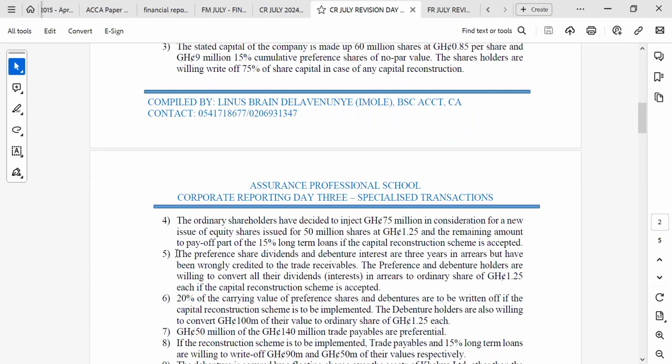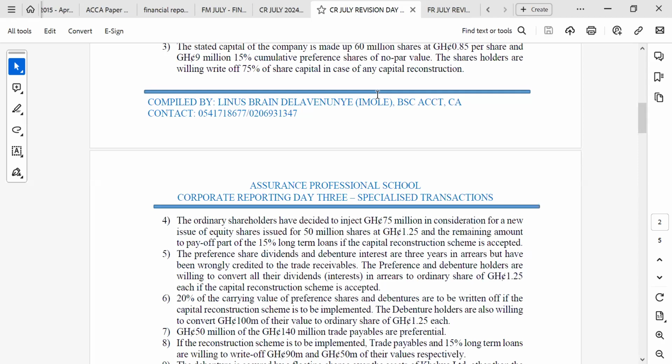The preference share dividends and debenture interest are 3 years in arrears, but have been wrongly credited to the trade receivables. Okay, the preference shares and debenture holders are willing to convert all their dividends or interest in arrears to ordinary share of 1.25 each if the capital reconstruction is accepted.